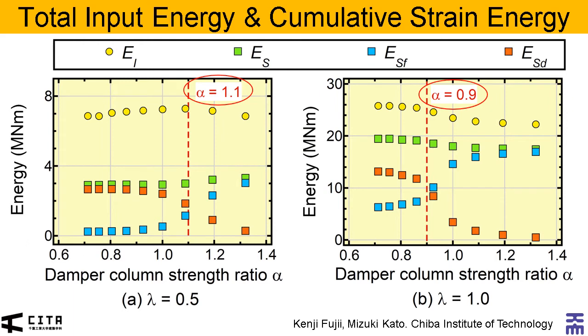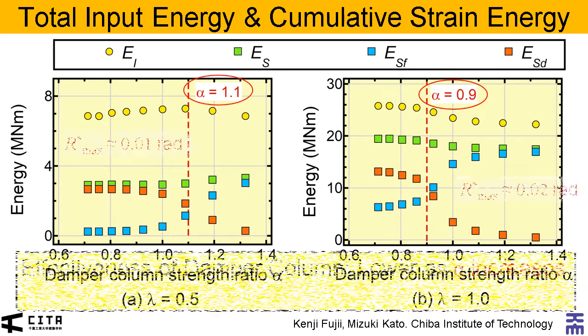The border value where the cumulative strain energy of the RC frame exceeds that of the damper column is around 1.1 when the scaling factor equals 0.5, while in the case that the scaling factor equals 1.0, the border value is around 0.9.